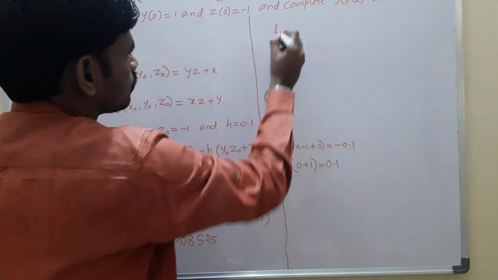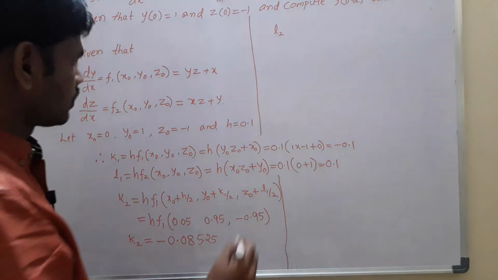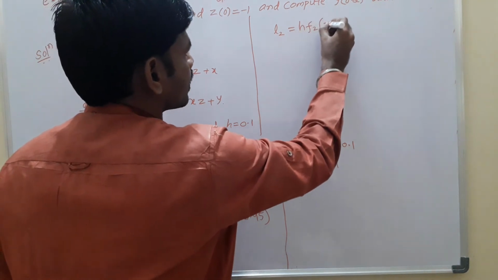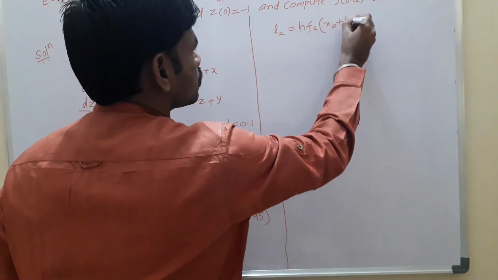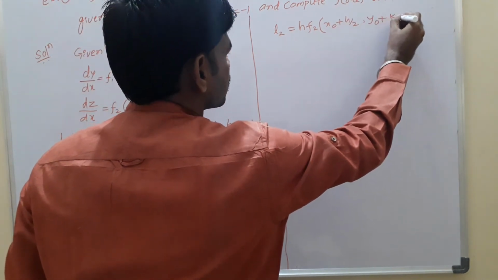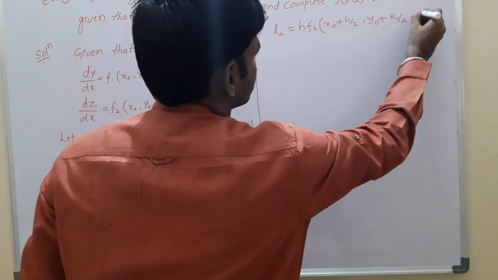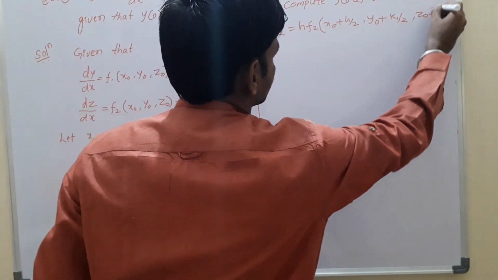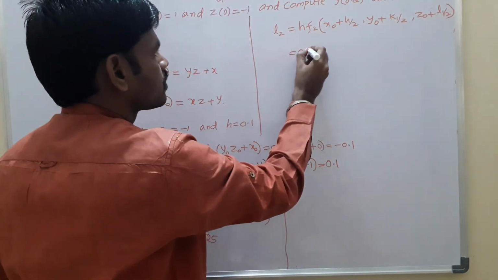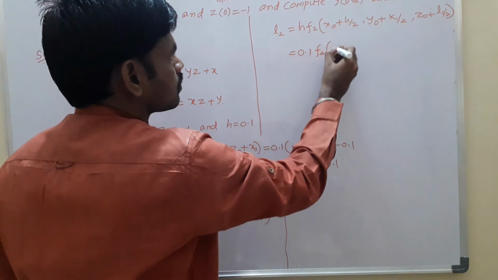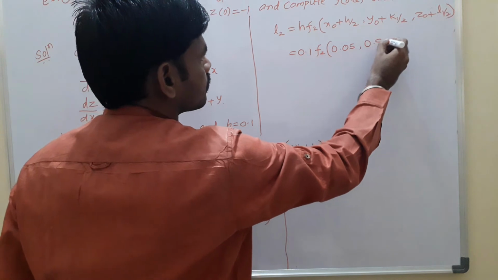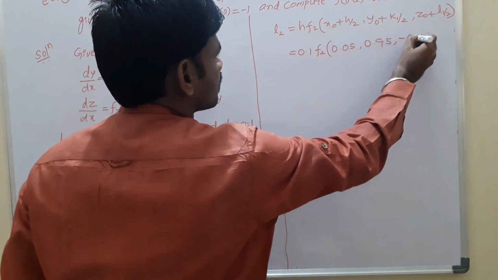And next L2. So L2 equal to h into function f2(x0 plus h by 2, y0 plus k1 by 2, z0 plus L1 by 2). So that is equal to 0.1 f2, that is 0.05, 0.95, minus 0.95.